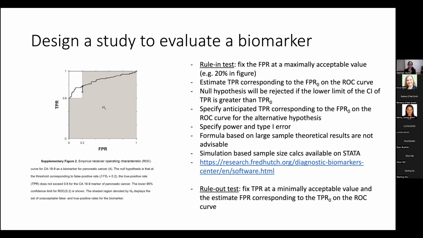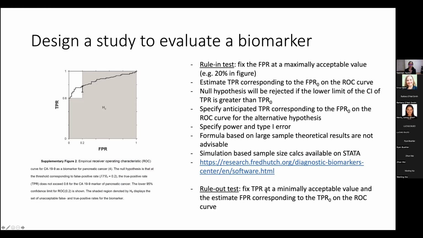Sometimes you don't have a choice. Maybe in the early phase studies, you might just be wanting to show AUC improvement. But once we get into validation studies, as we're moving up in levels of rigor, you want to then get to either a rule-in test or a rule-out test, for example.